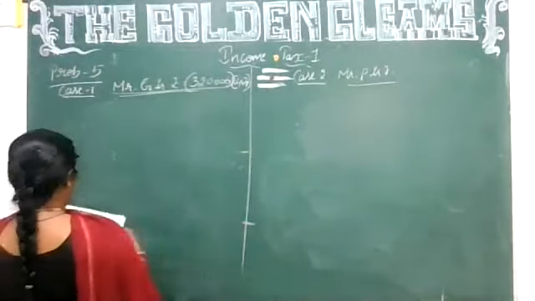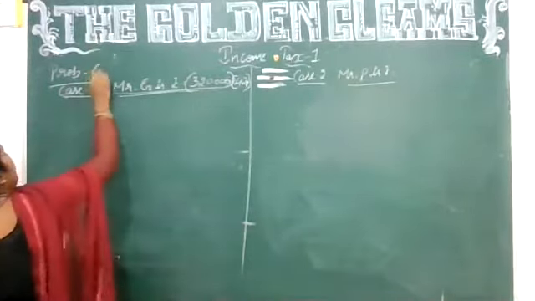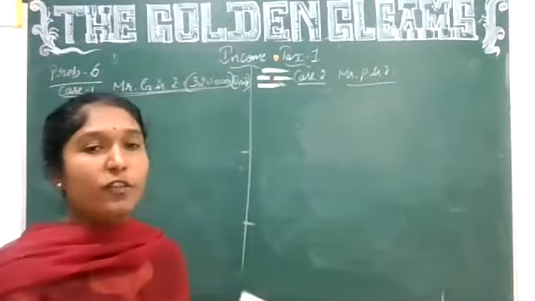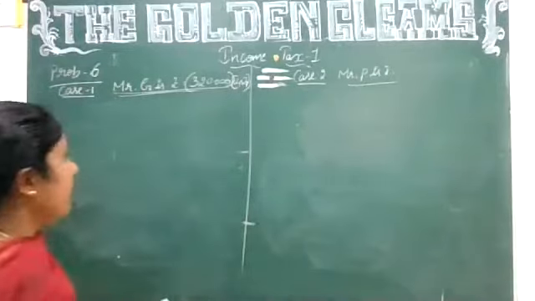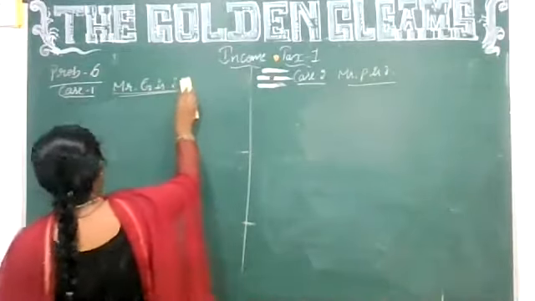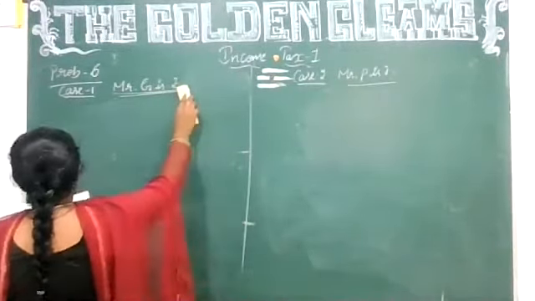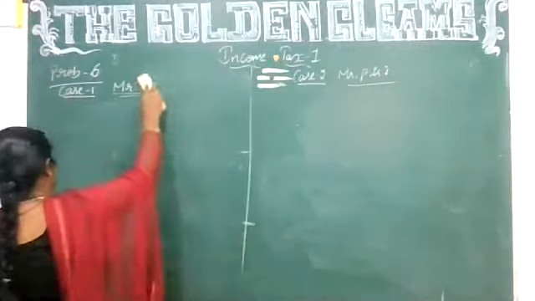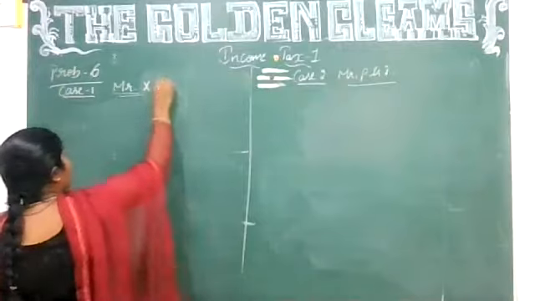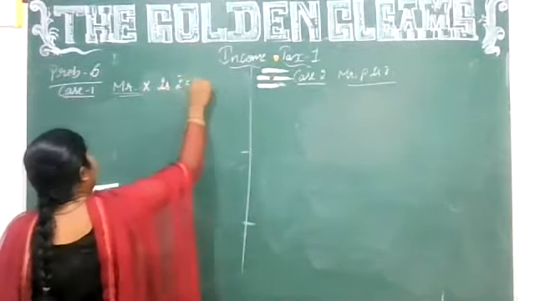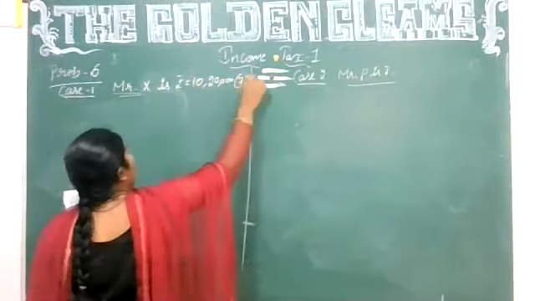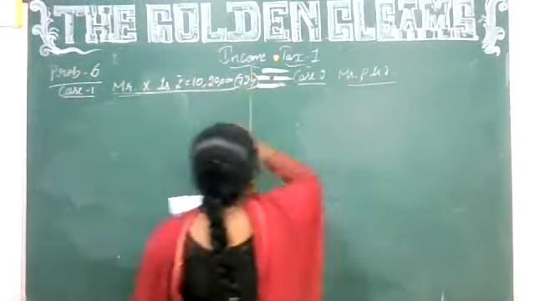Problem number 6. Compute the tax liability in the following cases for the assessment year 2020-21. Case 1: the total income of Mr. X is rupees 10,20,000, age 72 years.